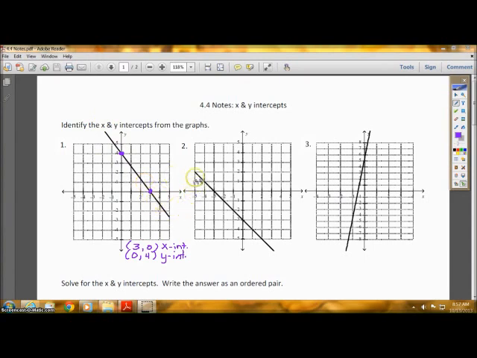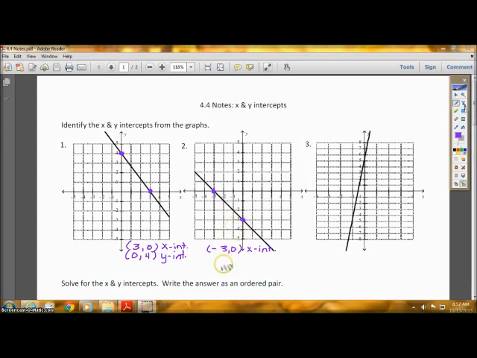Number 2, here's my graph, and I want to see where it crosses my x-axis, and it crosses my x-axis over here at -3, 0. So my x-intercept is going to be -3, 0. And then I want to see where my line crosses my y-axis.